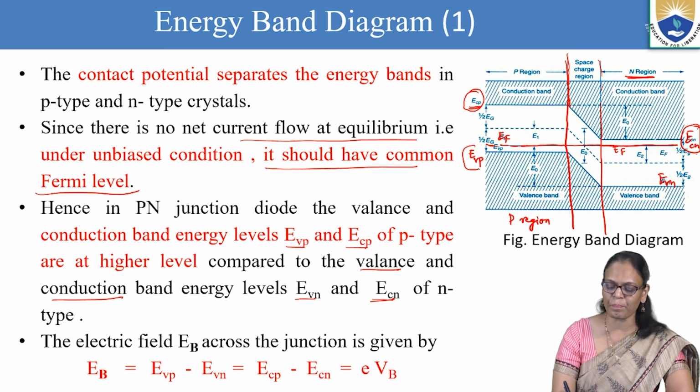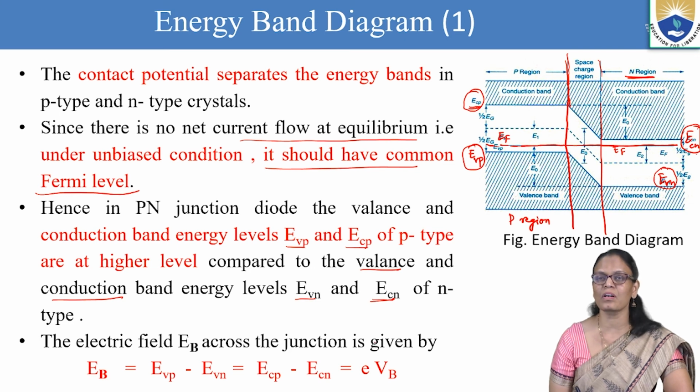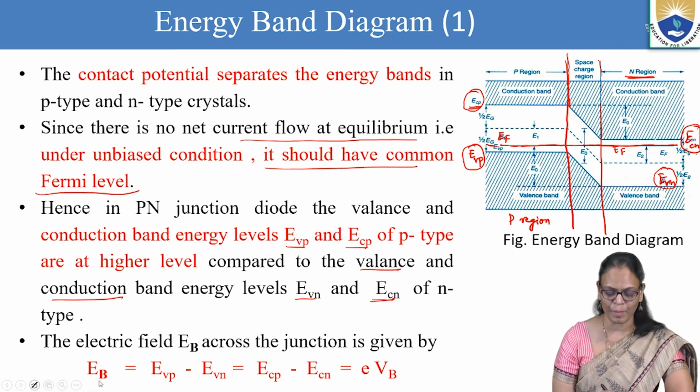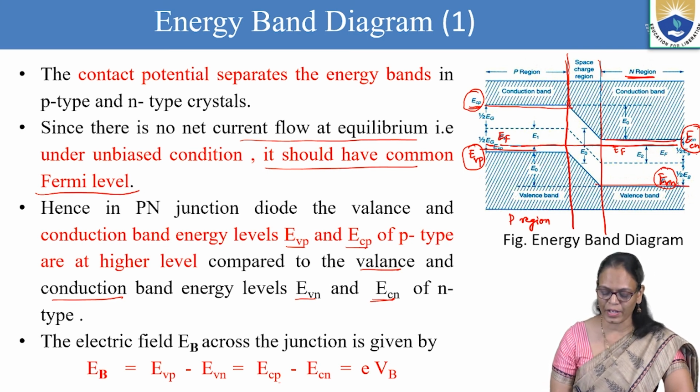This is EVP, that is the valence band topmost level in p region, and this is EVN. So EVP is at a higher level than EVN. So the energy barrier across the junction is given by EB, which is EVP minus EVN or ECP minus ECN. Both mean the same. Whatever the gap here is, it is the same here also, which we call the energy gap, denoted by EB.